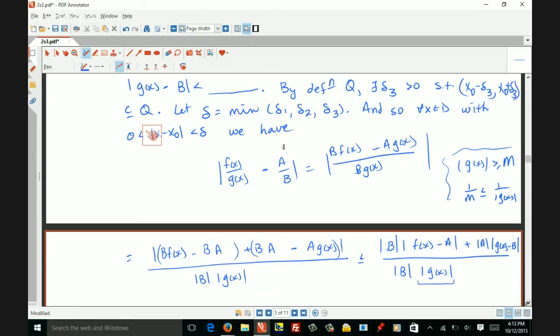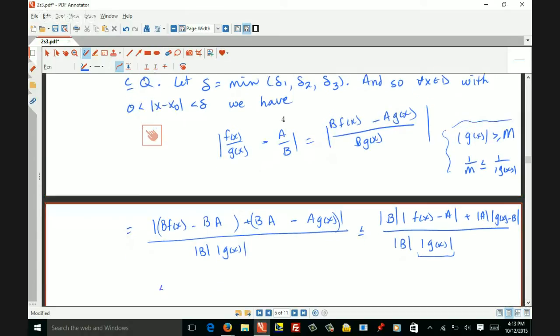That's going to become capital M. So this is less than or equal to absolute value of b, absolute value of f of x minus a, plus absolute value of a, g of x minus b, all divided by the absolute value of b and m.